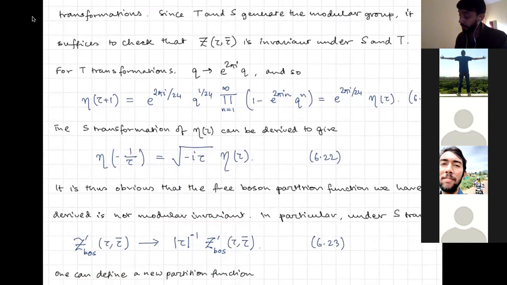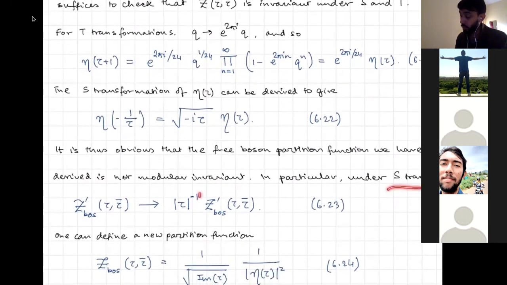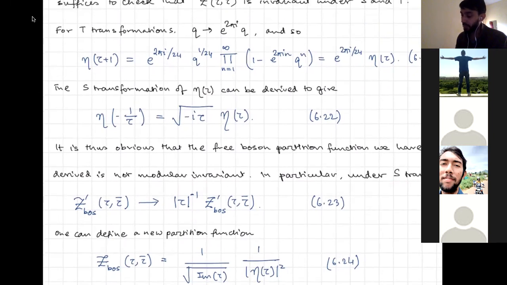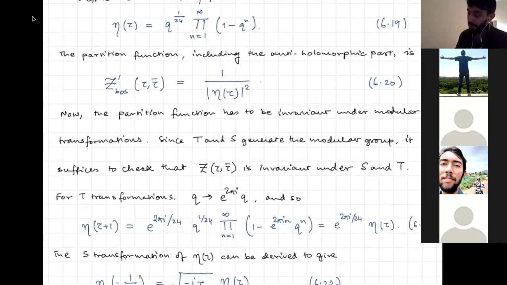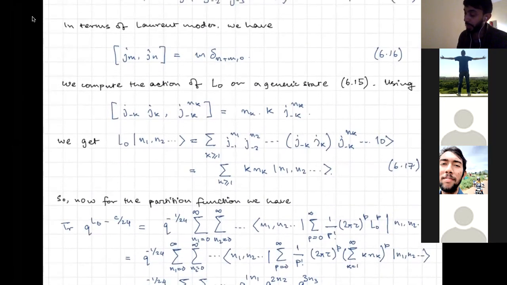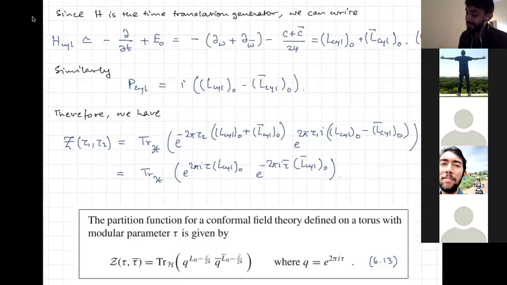In particular, if you're doing the S transformation, then it goes to, there is an extra factor of 1 over mod tau. Now you can refine this and you can define a new partition function. And so what is actually happening is that the partition function is this. It is the trace of the things that you saw, but we didn't necessarily give the proportionality factor in front.